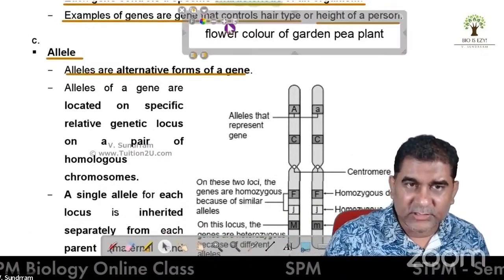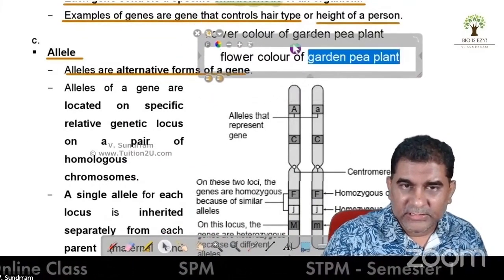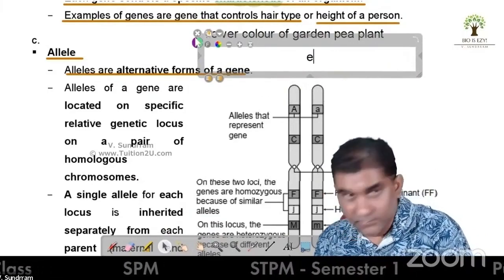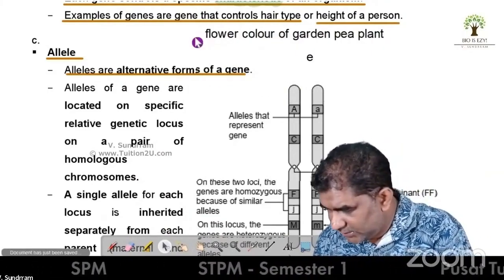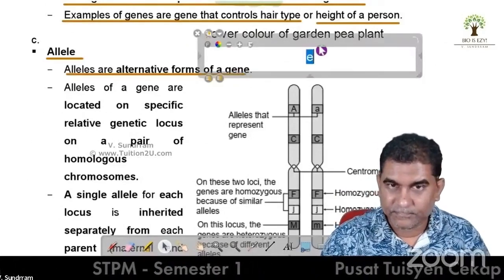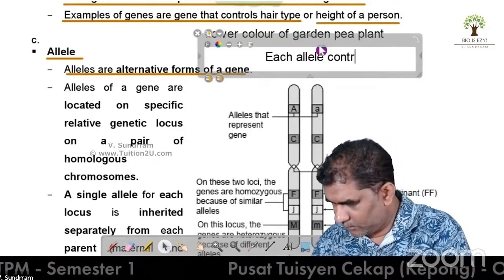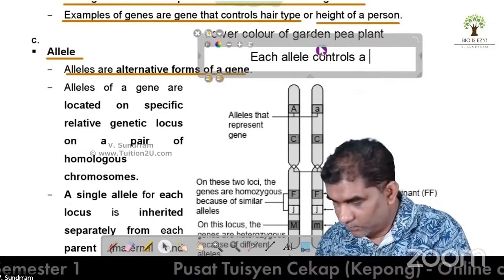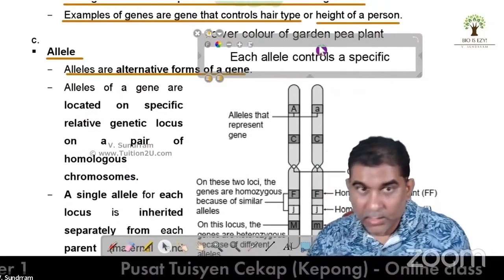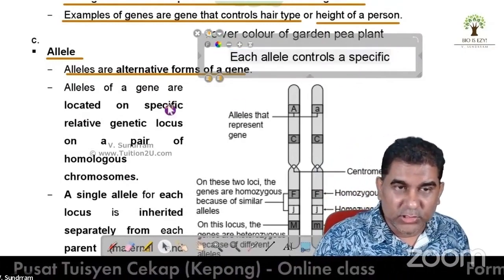Another sentence that you need here is each allele. Wonder how I missed it. Each allele. Now you complete this sentence for me. Each allele controls what?